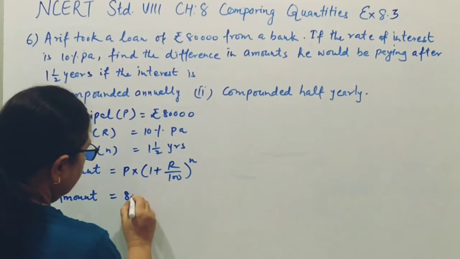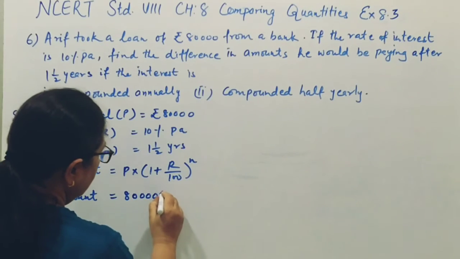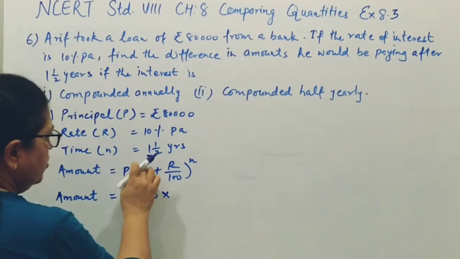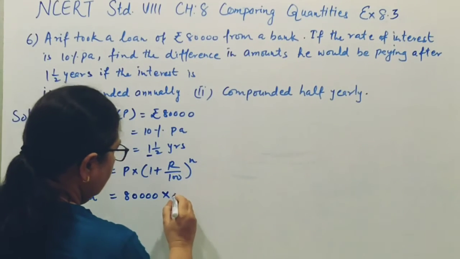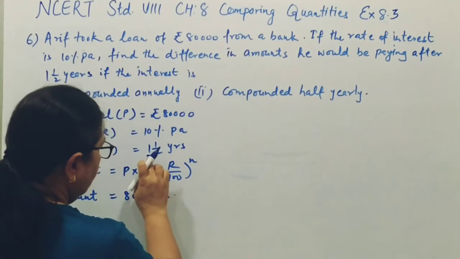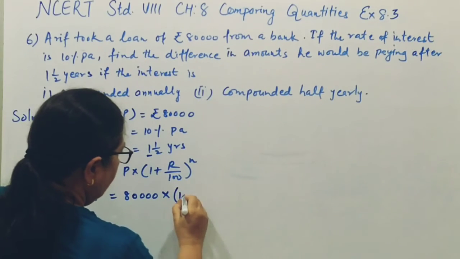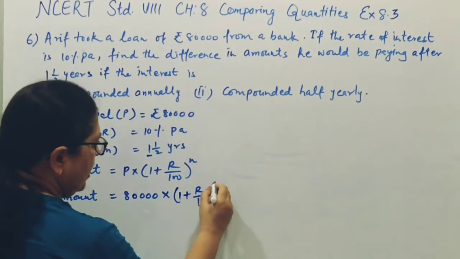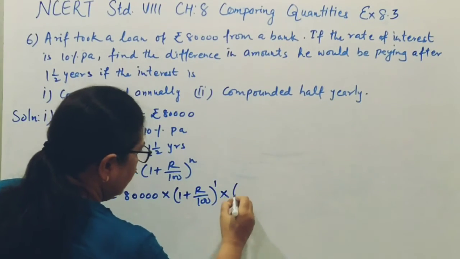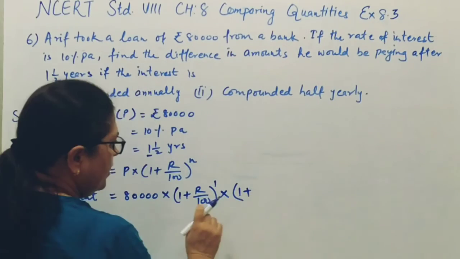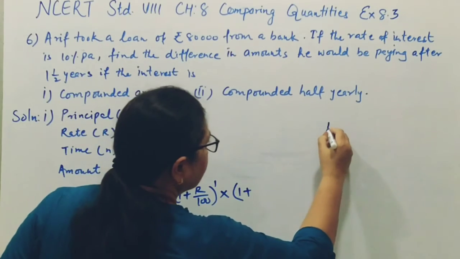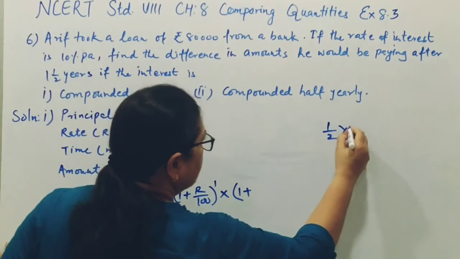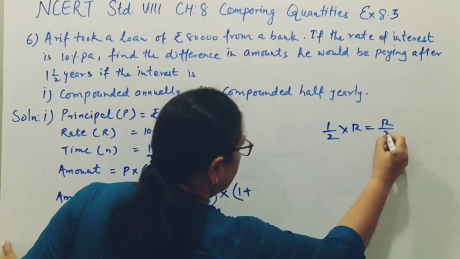So amount is 80,000 into, we will get two brackets because the time is in fractional form. In the first bracket it will be 1 plus R upon 100 raised to power 1, and in the next bracket this half year will get multiplied with R. It will become R upon 2.